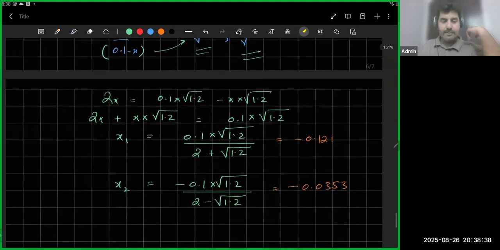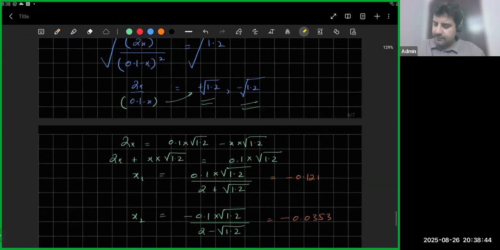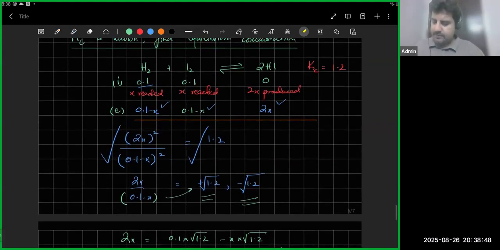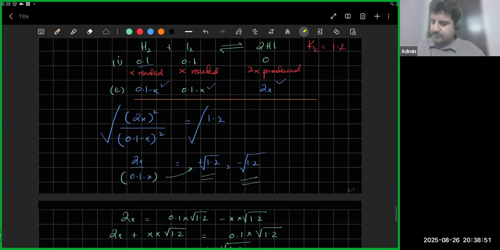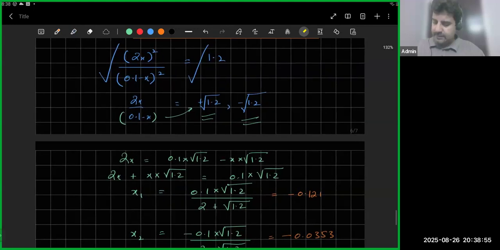So let me double check and try to solve this as well. Can someone check the math above, did we do the right math? It's 2x squared over 0.1 minus x squared. That was the same, 0.1 minus x, 0.1 minus x, and 0 plus 2x, yeah. Did I do the correct math? I took the under root, 1.2 under root. What else? Just double checking 2x.